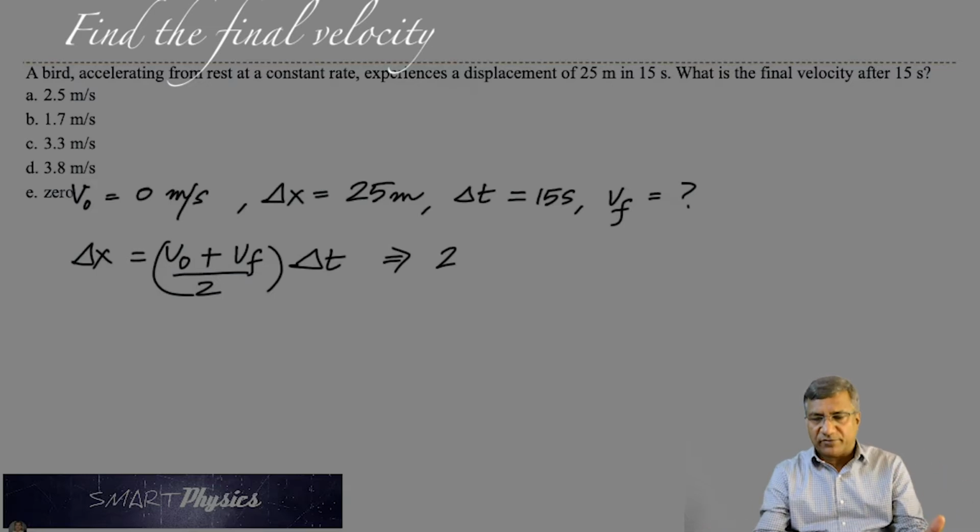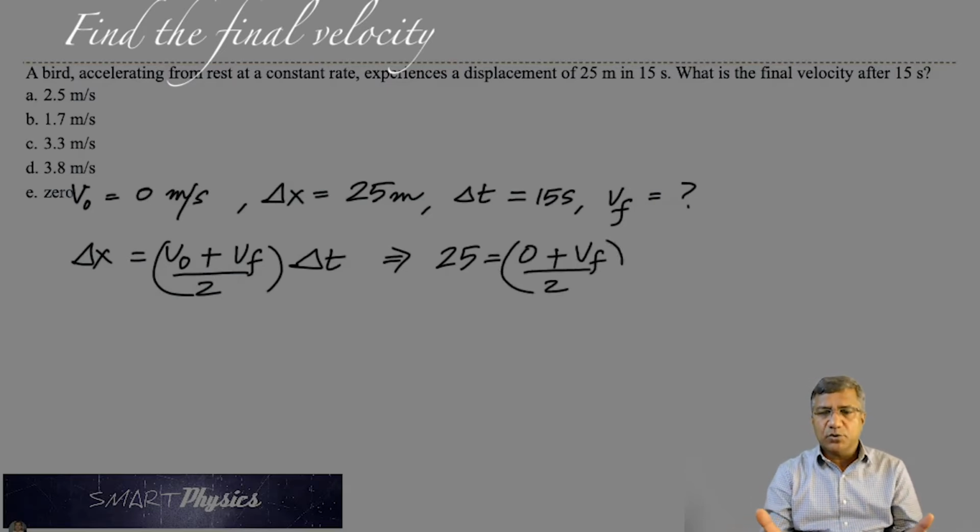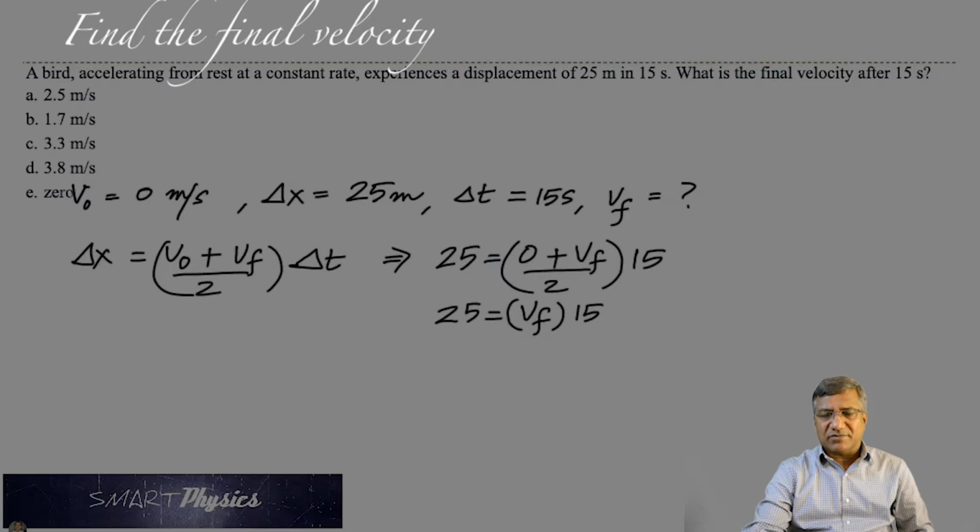but you got to be careful, okay? And then you have 25 is equal to 0 plus Vf by 2 multiplied by 15. And then when you add 0 to anything, you just neglect it, right? So it's Vf by 2 times 15, which I've written as Vf times 15 by 2.